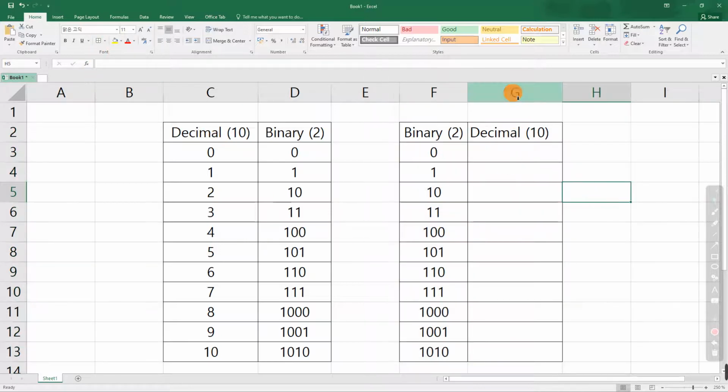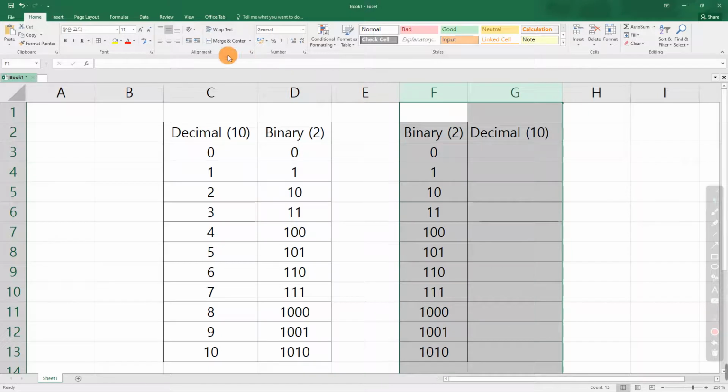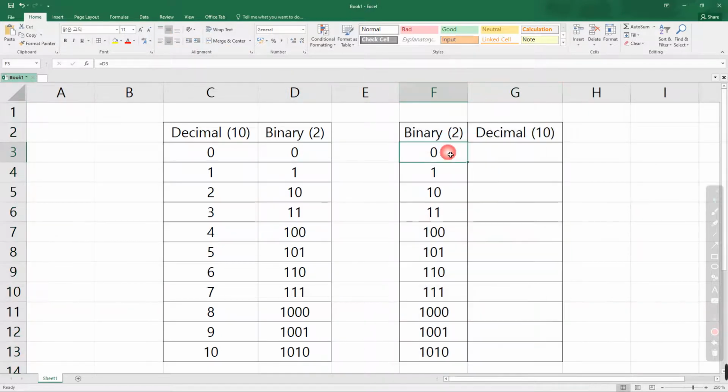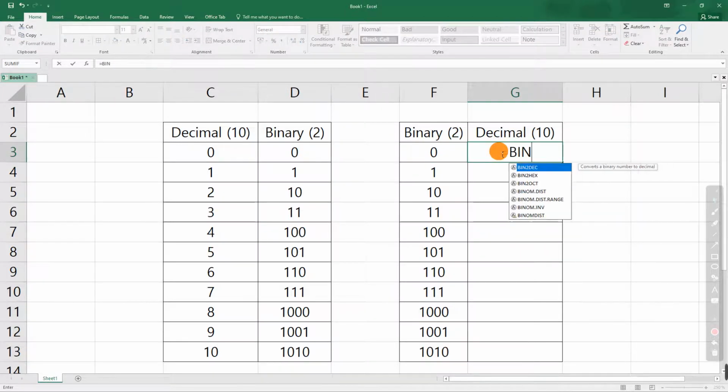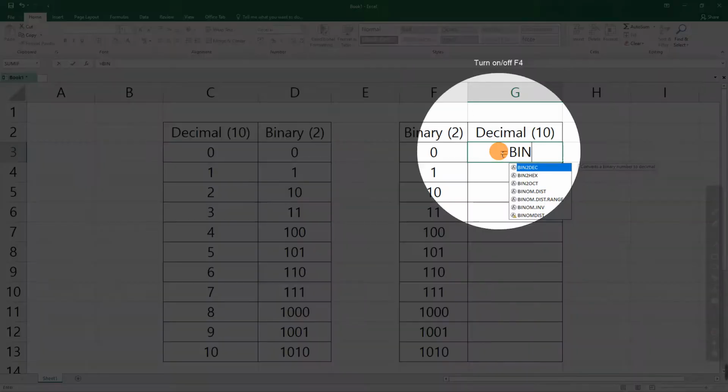Now I want to convert from the binary number to a decimal number. What kind of function should I use? I'll use the function BIN2DEC. We have some other functions here, so please don't confuse them.